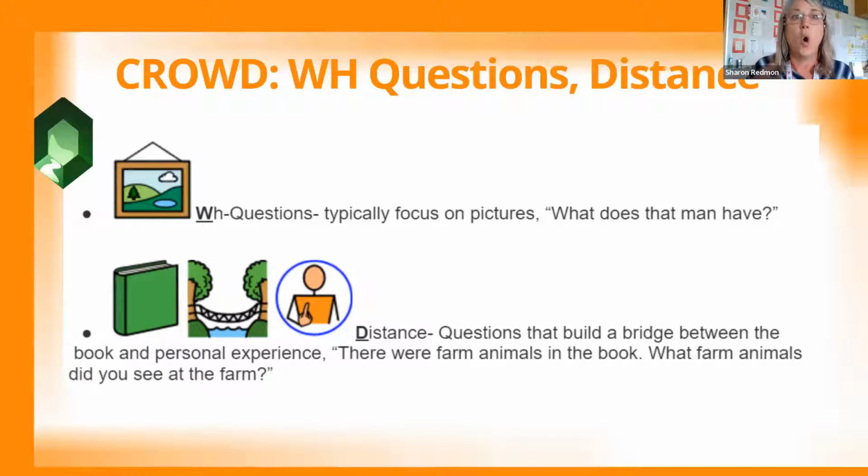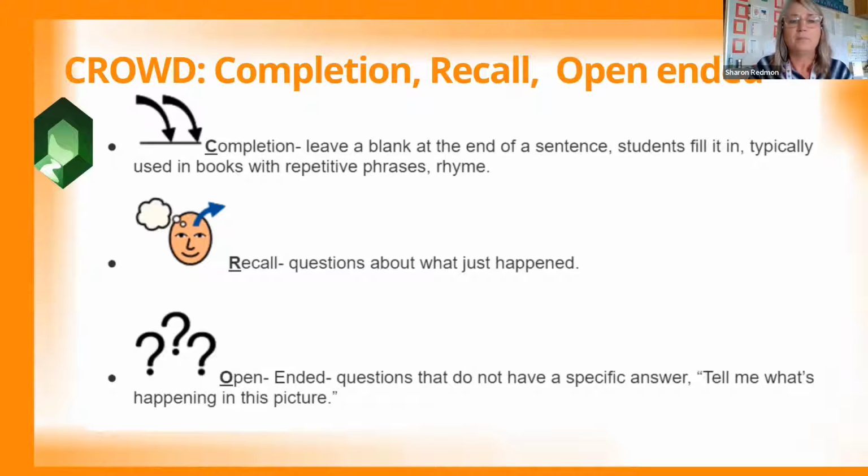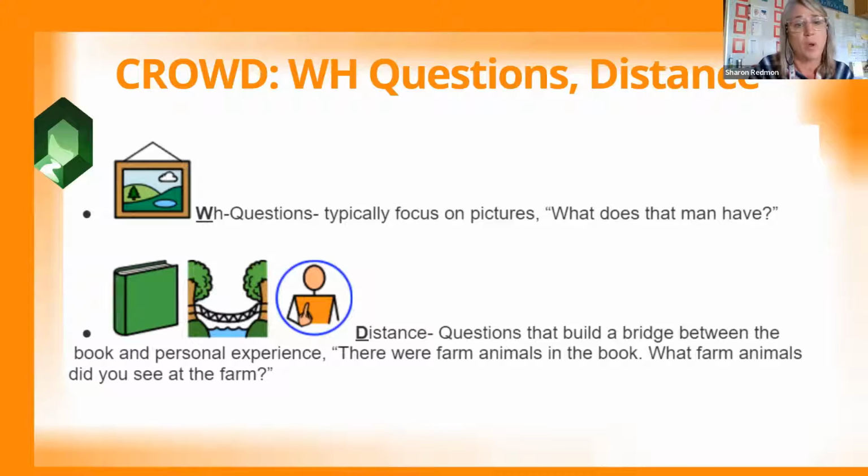How to get all of these pieces in: completion, recall, open-ended, a WH question, and distancing. How am I putting all of these pieces of the crowd into CAR? And I just felt like that was really hard for me.